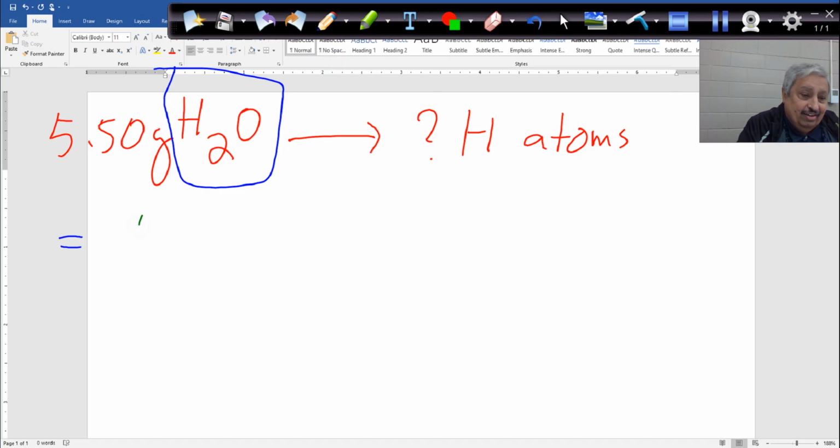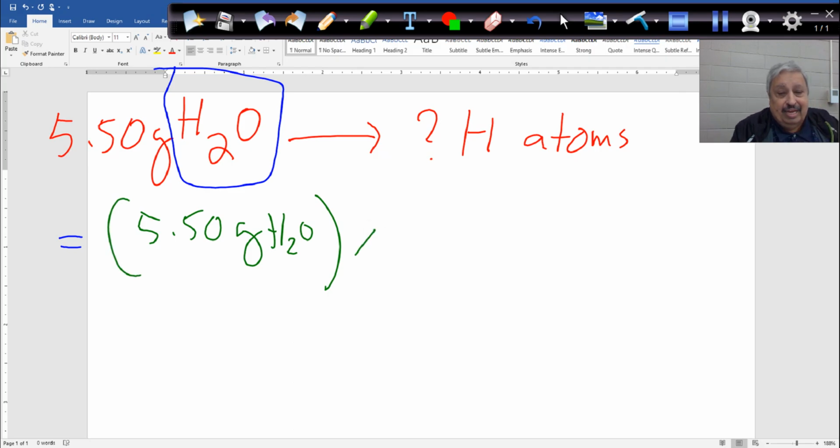So I have 5.50 gram H2O, in parentheses, I have to divide by the molar mass, correct? What's the molar mass of H2O? That's a molecule, correct?